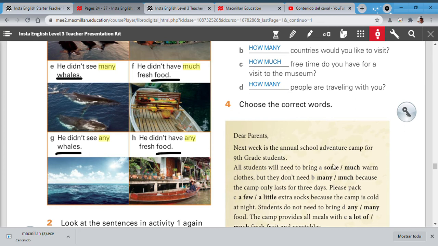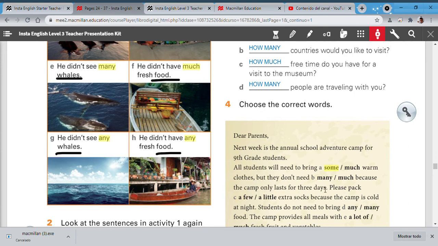Now here I have another exercise. It says choose the correct word. Now let's see. Dear parents, next week is the annual school adventure camp for 9th grade students. All students will need to bring some or much warm clothes. Some, because warm clothes is in plural.